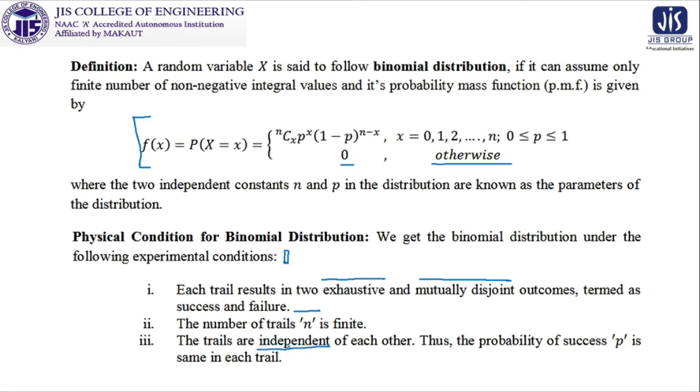That means one result will never impact the other. Thus the probability of success is p and is the same in each trial. Every time you start this experiment or trial, the chance of success remains the same as in the last experiment.